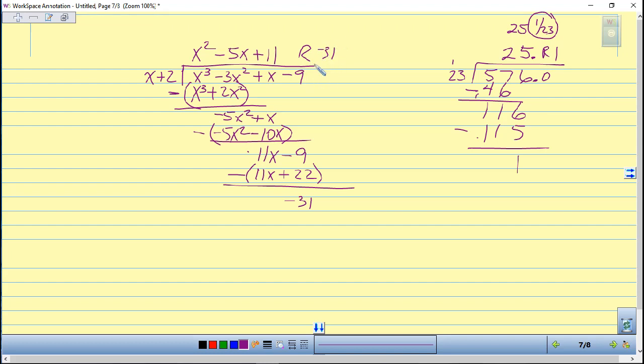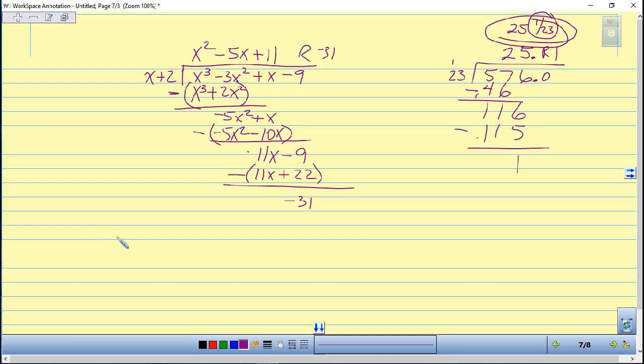Now that's going to come into play later in that you're going to want that remainder to be 0, and you'll understand why when you see the remainder theorem for this. The other way that you can write it is the fraction way here.